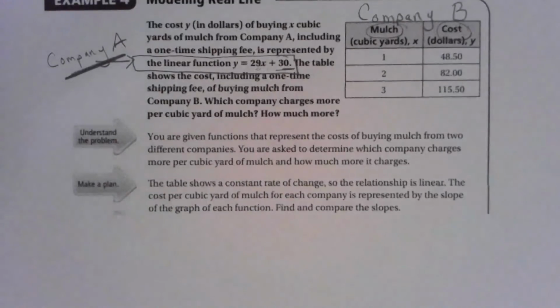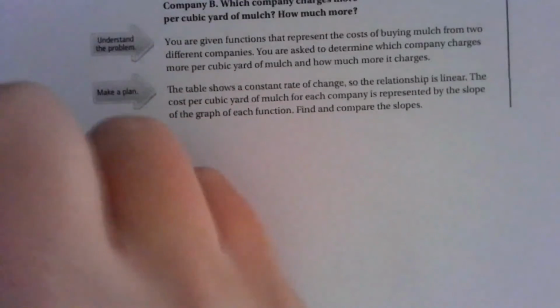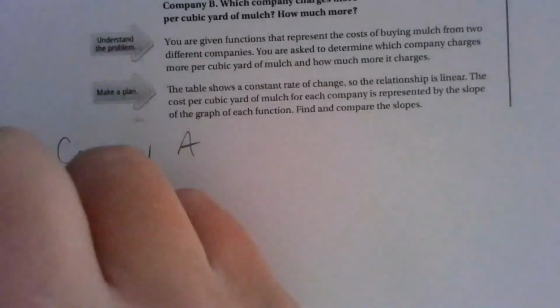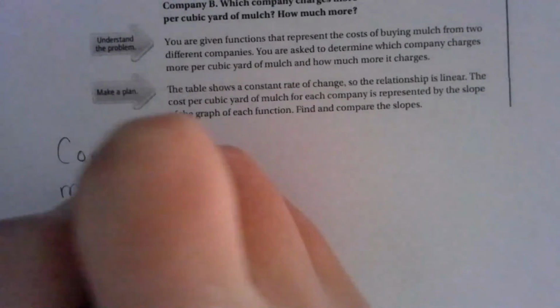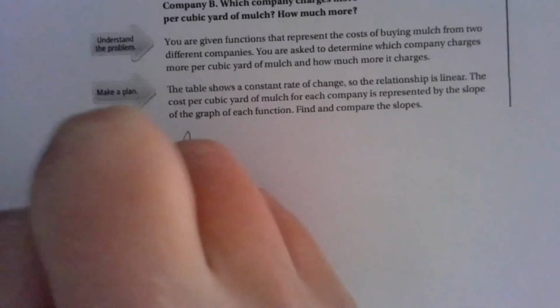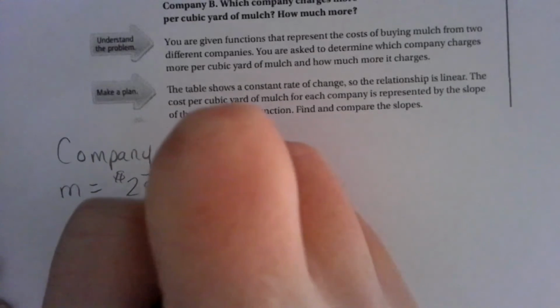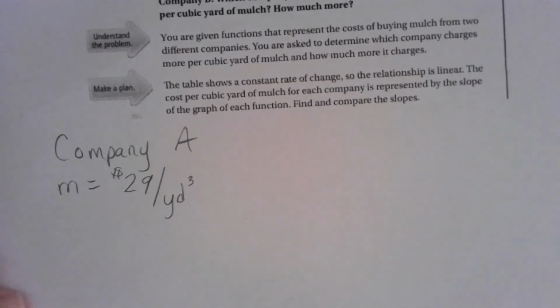Okay, so we're going to find and compare the slope. So we're going to set up company A, and we know that the m is equal to $29 per cubic yard.